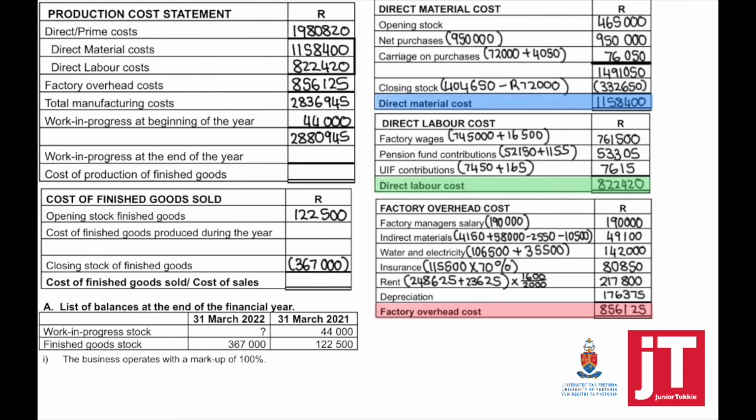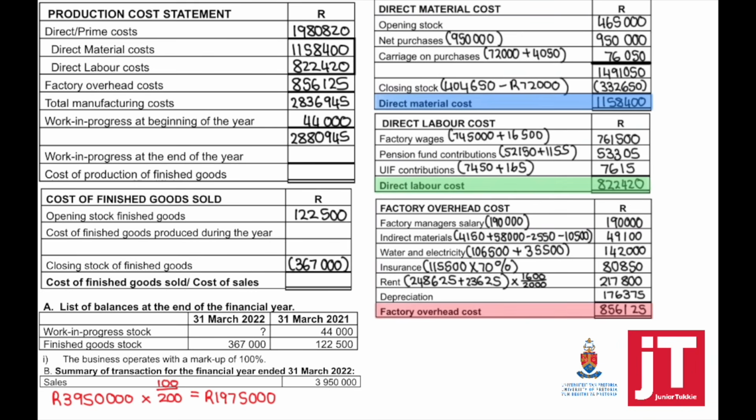Then they said to me, cost of finished goods sold, cost of sales, they provided me with a markup percentage of 100%. They provided me with the sales, which means I can calculate the cost of sales by taking the sales amount times 100 divided by 200. Once I've calculated my cost of sales, we can now work backwards, which means opposite calculations.